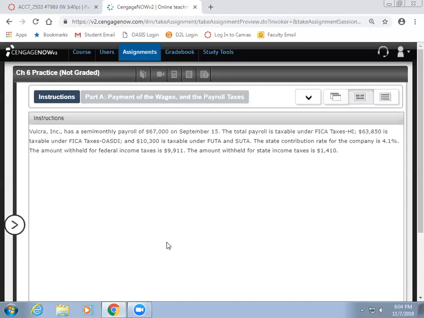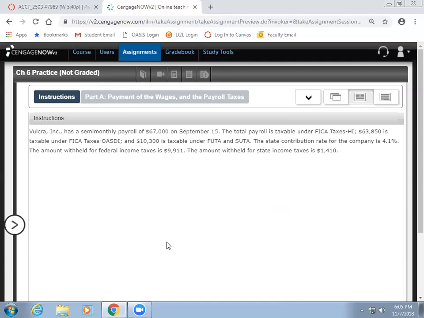Here we have Volcra, which has a semi-monthly payroll of $67,000 on September 15th, and then they give us all the taxables. The total payroll is taxable under FICA taxes high. $63,850 is taxable under OASDI, and $10,300 is taxable under federal and state unemployment.